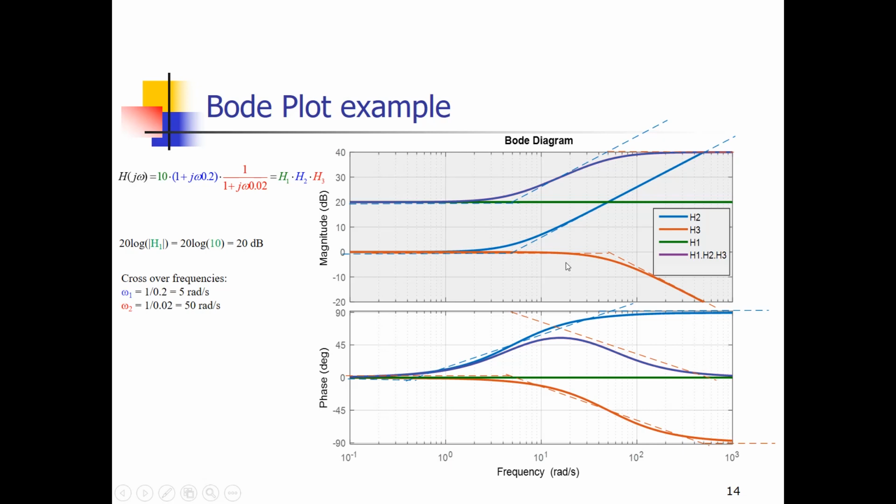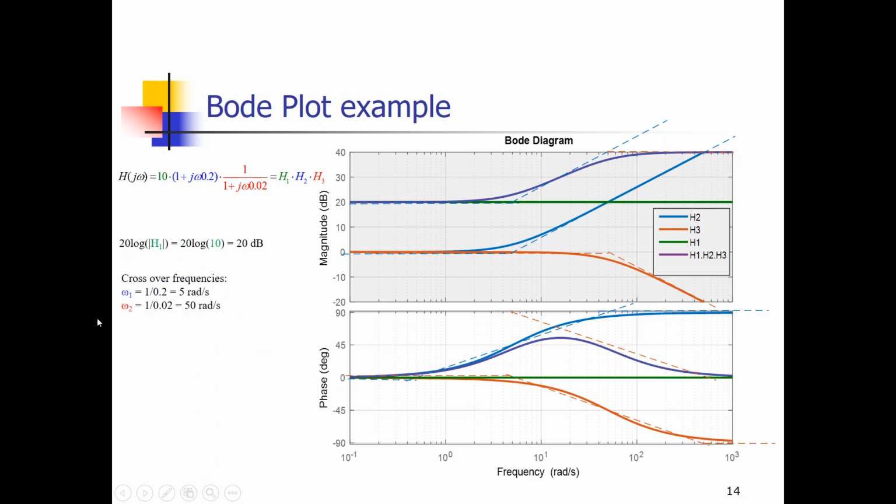So let's do it. A lot of information again in this plot, but we are discussing it one by one. Well, we have the green system H1, the blue system H2, and the red system H3. We have calculated amplitude and the phase of the green plot, 20 dBs for all frequencies for the amplitude, and always for every frequency 0 degrees as a phase.